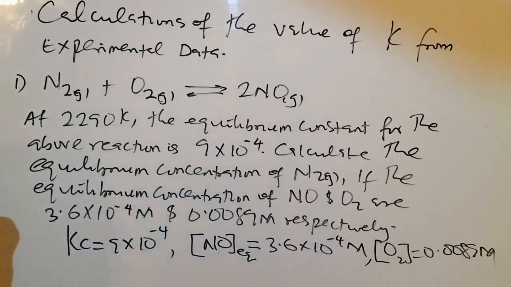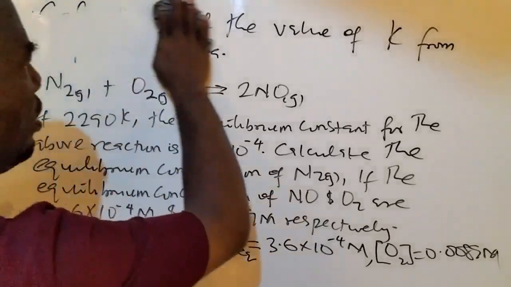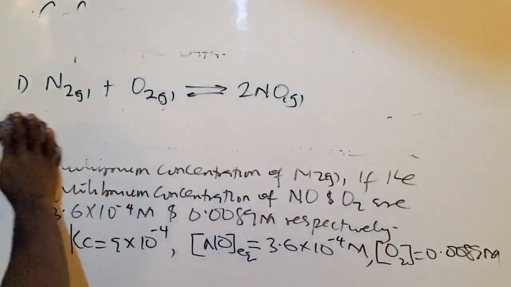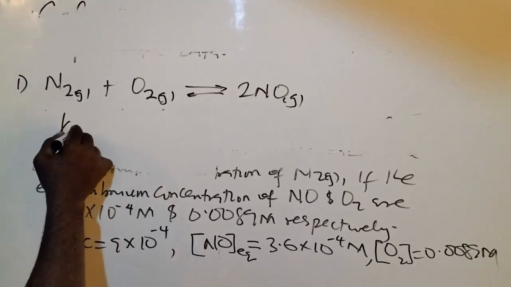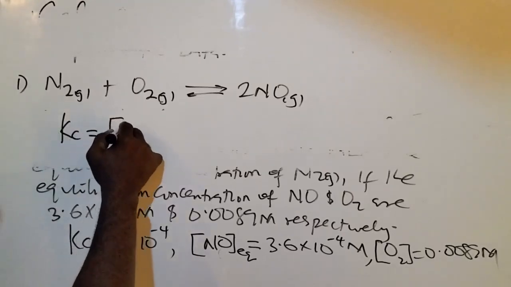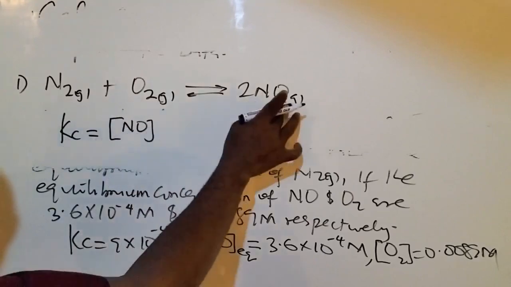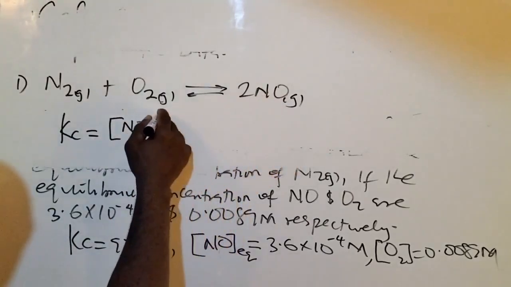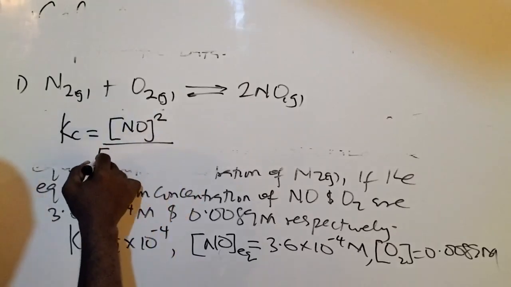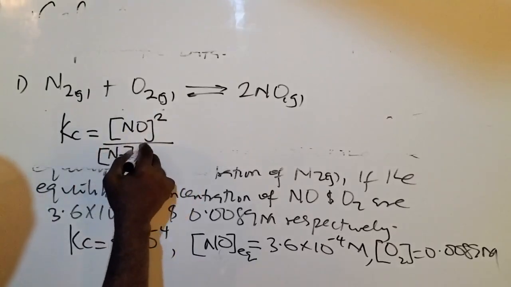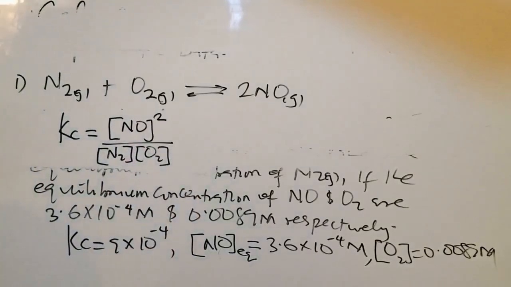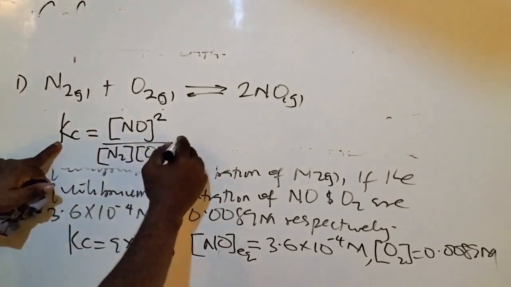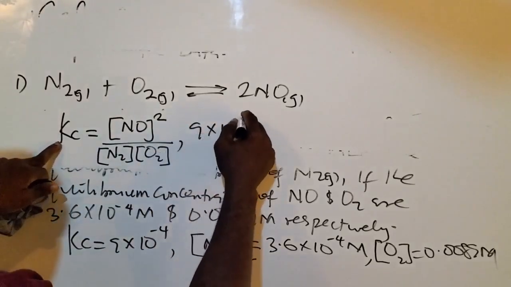So the first thing we have to do is write the expression for the equilibrium constant. Since the reaction is at equilibrium, we have Kc equals the concentration of nitrogen monoxide raised to power 2 all over that of nitrogen multiplied by that of oxygen. Having done that, we'll now make a substitution. The value of our Kc is 9 times 10 to the power minus 4.